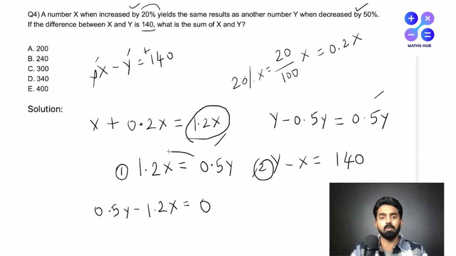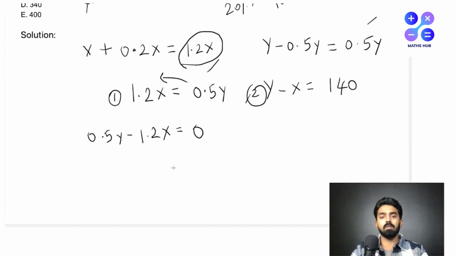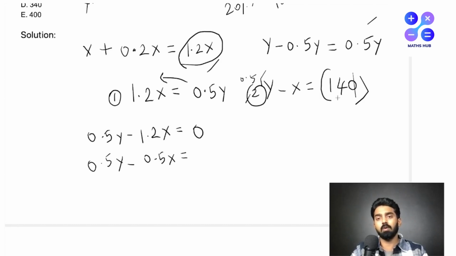And if you take the other equation and multiply it by 0.5, you get 0.5y minus 0.5x equals 0.5 times 140. That means half of 140, which is 70, right?